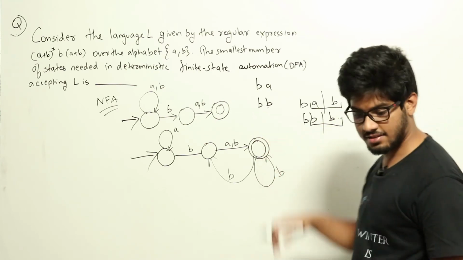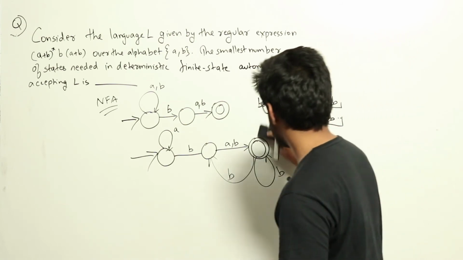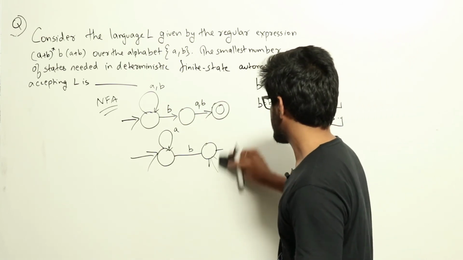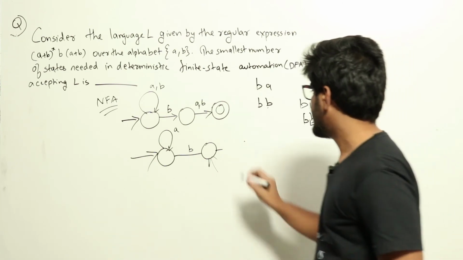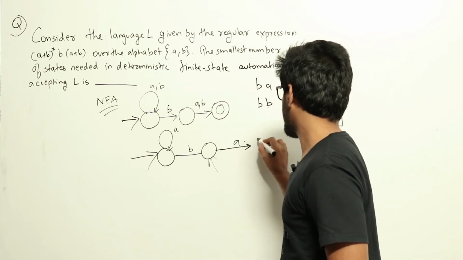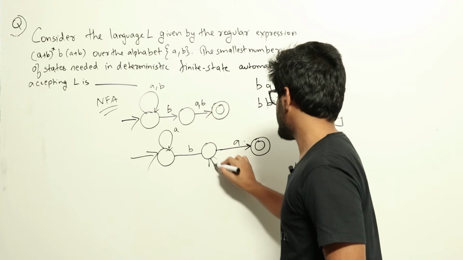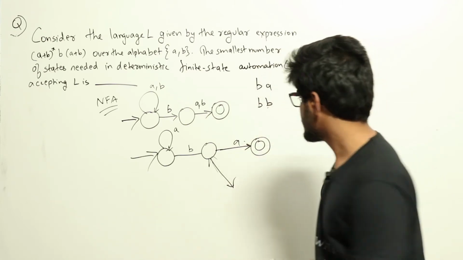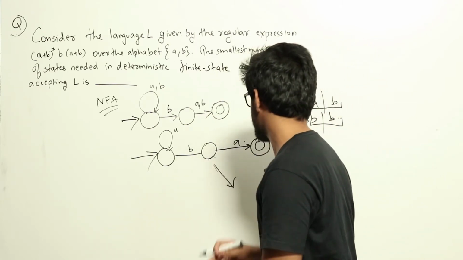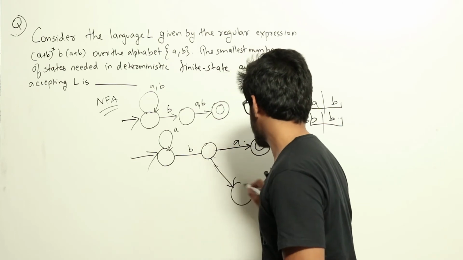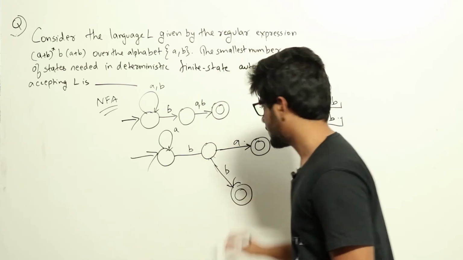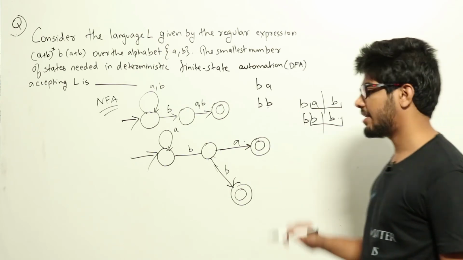So we will split these states again. Let us say on A I came to this state, and on seeing B I'm coming to this state.